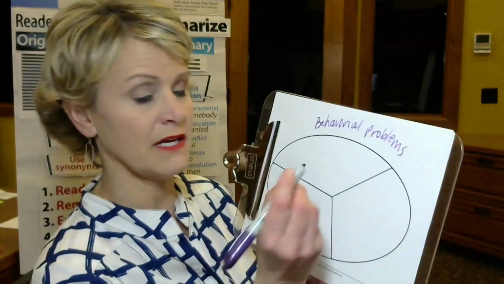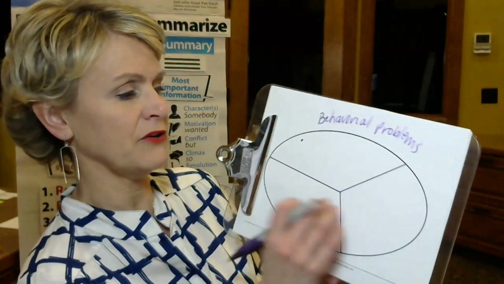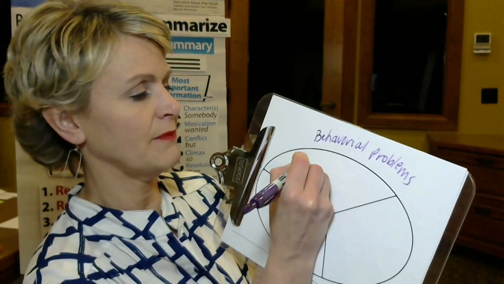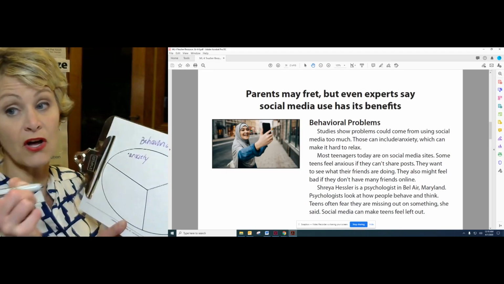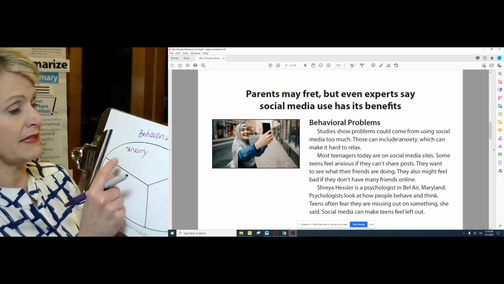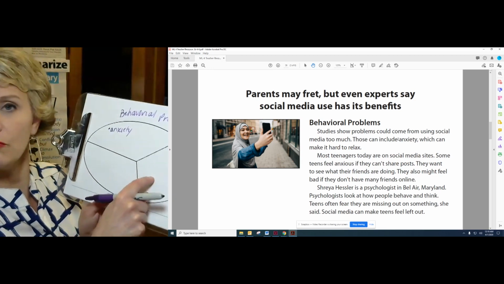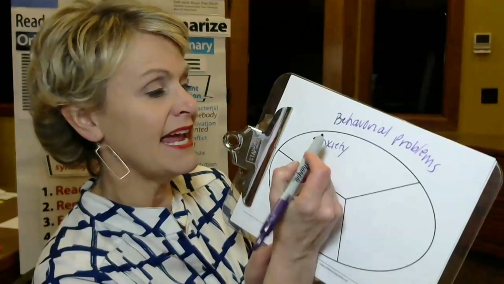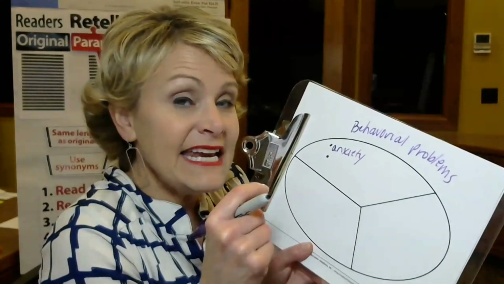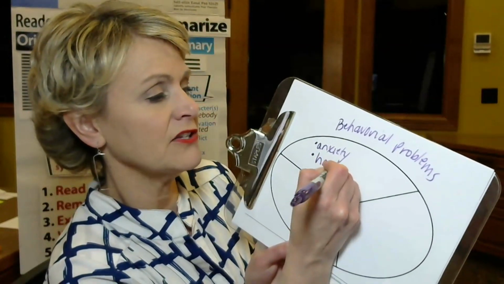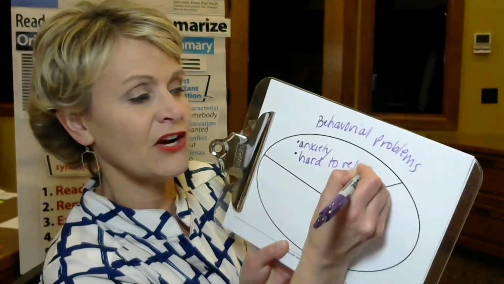Now watch how I do this. It doesn't matter which one you start in. You can start in any pie piece you want. Okay, so I'm going to write down anxiety because that was the author's word, and hard to relax. Now watch, don't write it here and don't write it here, because hard to relax is another detail that goes with anxiety. Hard to relax, it goes here.